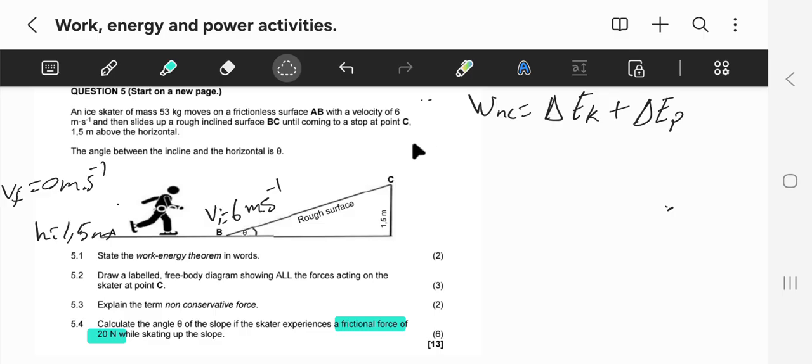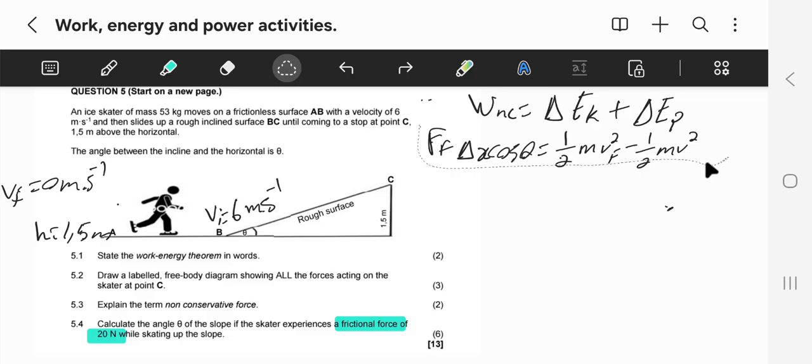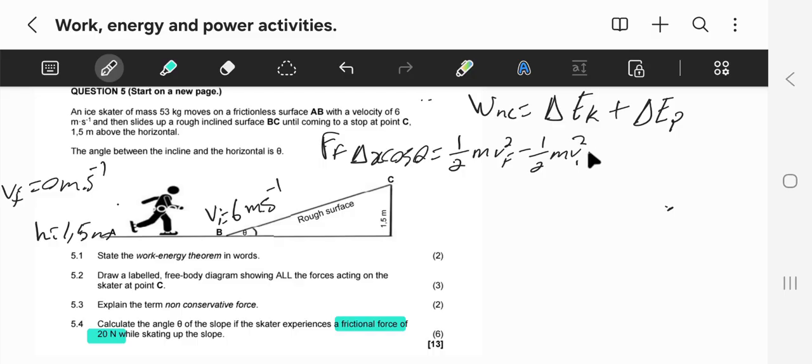So we'll say F friction delta x cos theta is equal to, and when we expand this side, we have half mv squared final minus half mv squared initial, plus mgh final minus mgh initial.